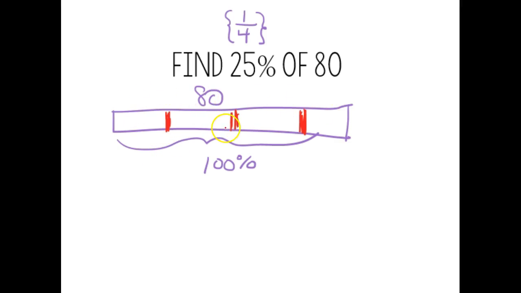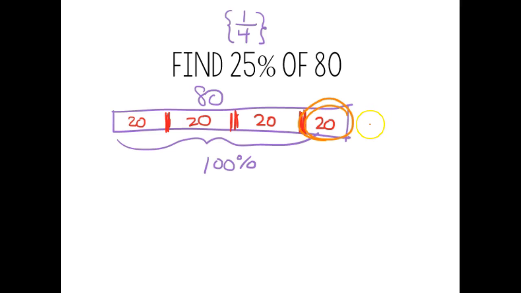If this whole thing is 80, then I need to break this up into fourths. Then I'm going to have 20, 20, 20, and 20. That means that 1/4 of 80 is going to be 20.